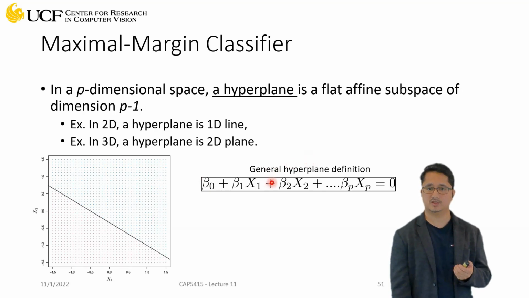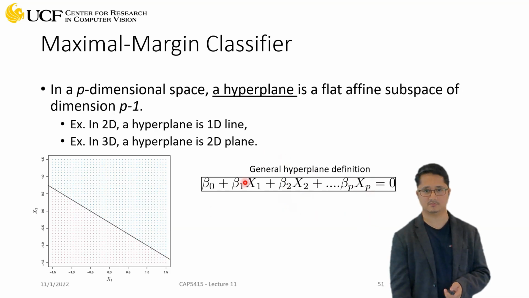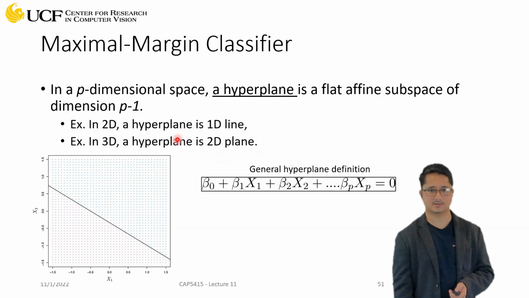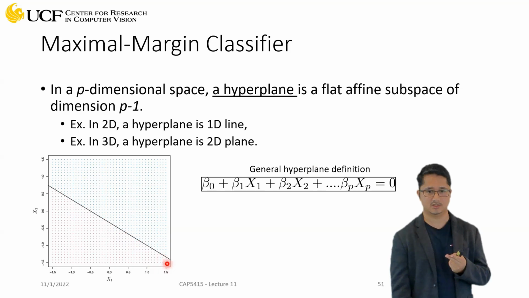Okay, so the general equation for your hyperplane can be represented as this equation over here. All these coefficients are parameters, and these x1, x2 correspond to different dimensions you have in your space. For example, if it's a 1D line in two-dimensional space, as I said earlier, you just need two parameters. The intercept, so this β0 is the intercept. That's the first parameter.